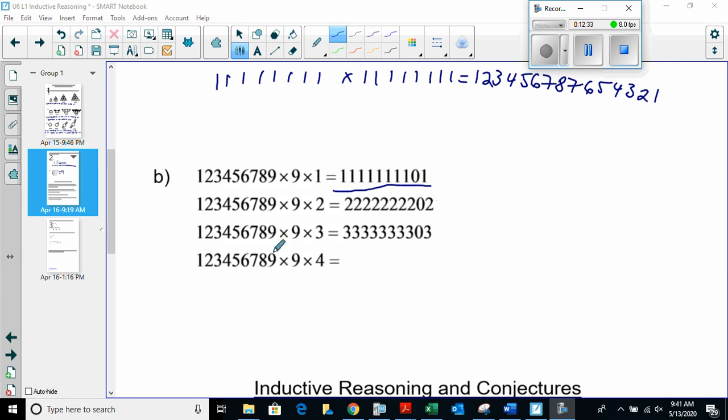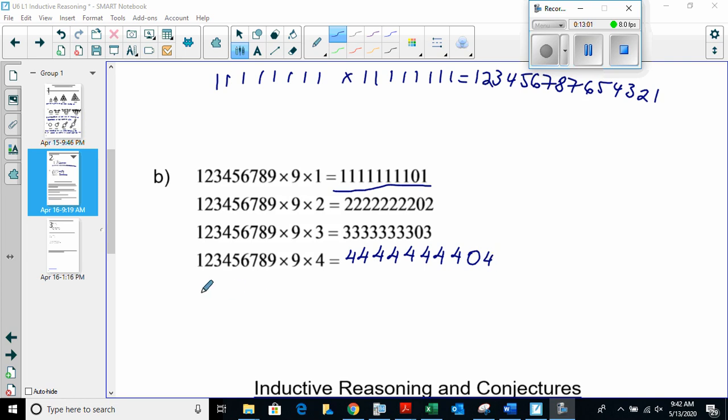And then you multiply by 4. Now, what do you think the result here will be without using the calculator? Hopefully you are saying that, based on this pattern, the result will be 1, 2, 3, 4, 5, 6, 7, 8 fours, followed by 0 and a 4.